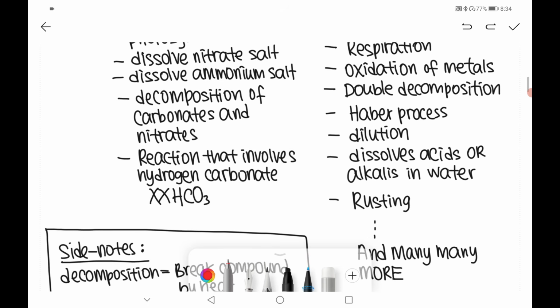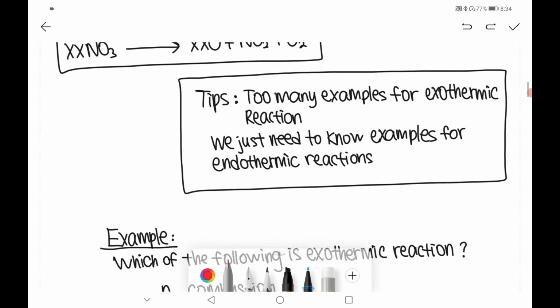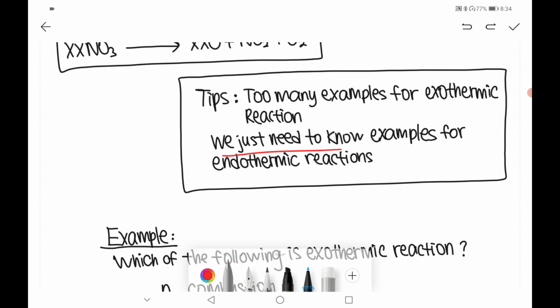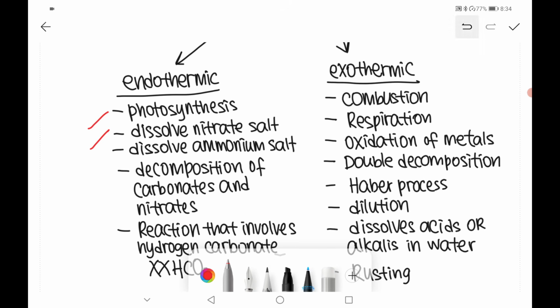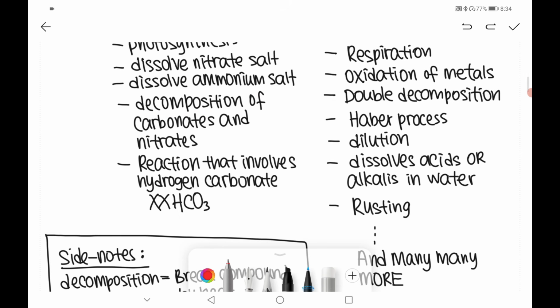So exo, we have many examples, so you don't need to memorize. We just need to know the examples for endothermic. You just need to memorize the examples for endothermic: photosynthesis, dissolving nitrate and ammonium, decomposition, and hydrogen carbonate. That's what you need to know.